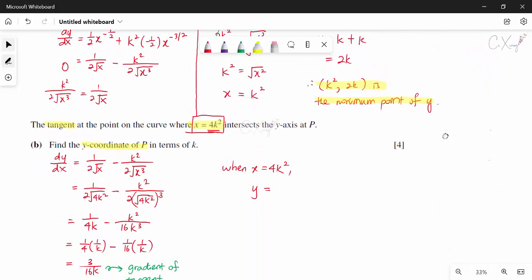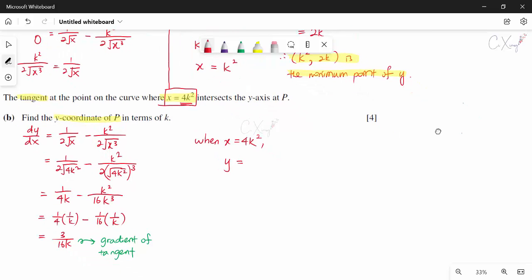We want to substitute x equals 4k squared into this equation. So let us start. To substitute, I will have square root of 4k squared, plus k squared divided by square root of 4k squared. From here, if I simplify, I have 2k plus k squared divided by 2k.